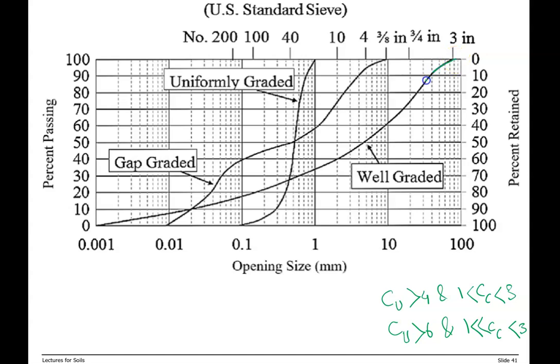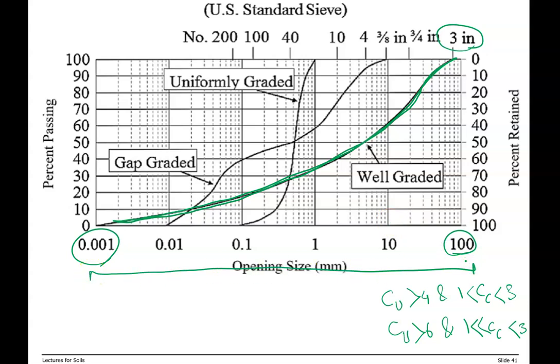So this is a well-graded sample because we have particles from 3 inches to 0.001 millimeter, or 100 millimeters to 0.001.